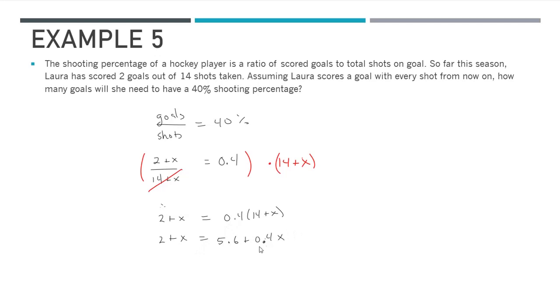So I'll subtract 0.4x off of each side, so I'll get 0.6x. And then I'll subtract 2 off of both sides, so I get 3.6. Divide both sides by 0.6, and I get x is 6, which is 6 goals. So I need to take 6 more shots and score 6 more goals to get a 40% shooting average.